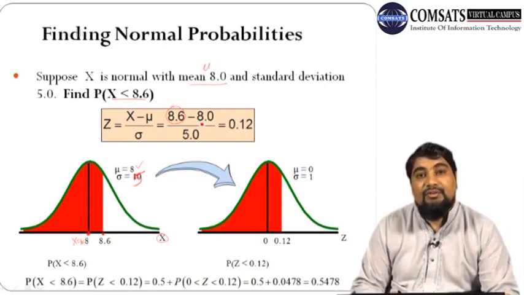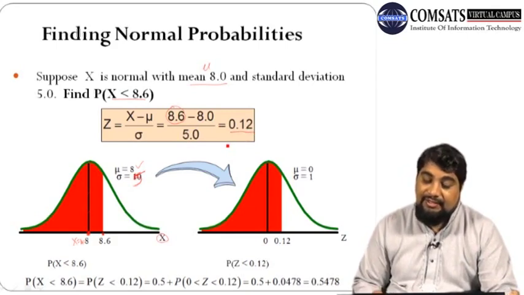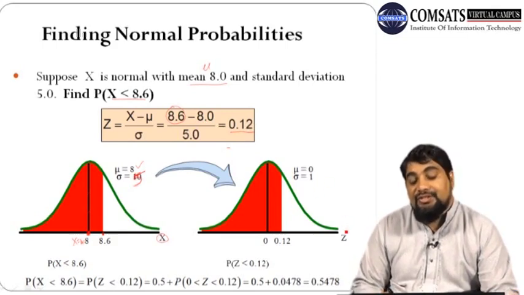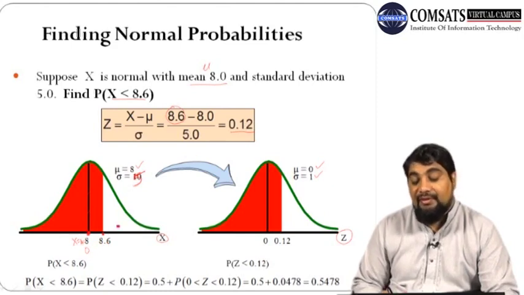The result is 0.12. Now draw the bell-shaped curve for this new standardized variable with mean 0 and sigma 1. Corresponding to 8 we have 0, and corresponding to 8.6 we have 0.12.